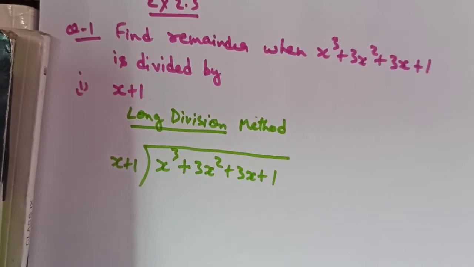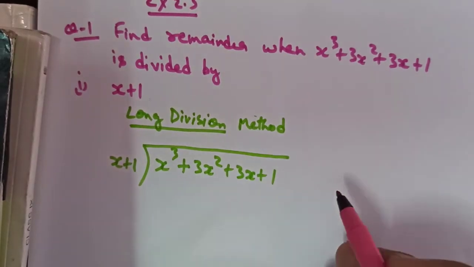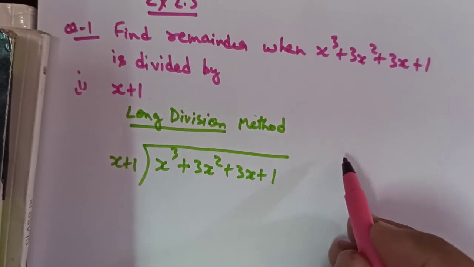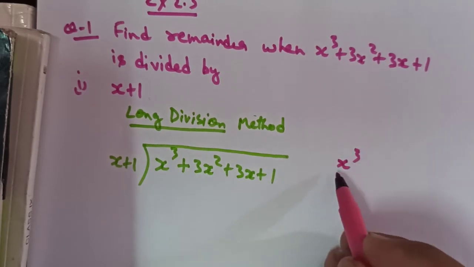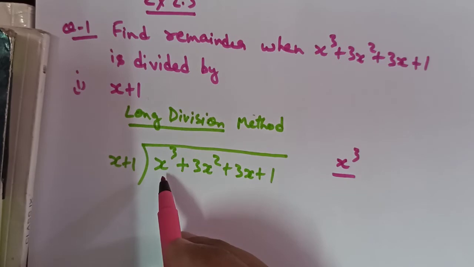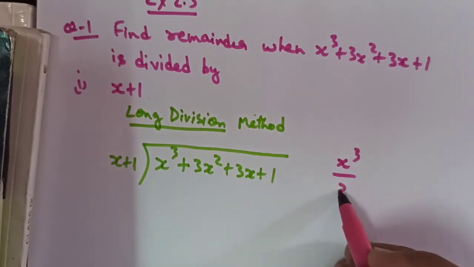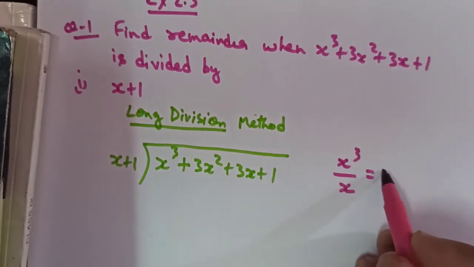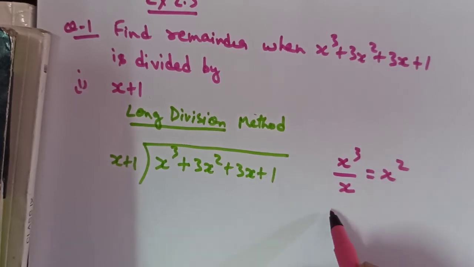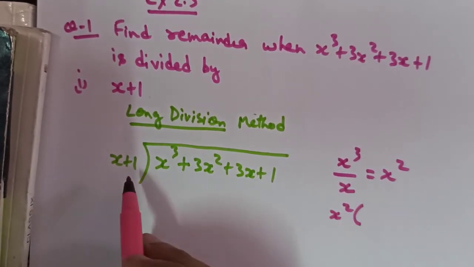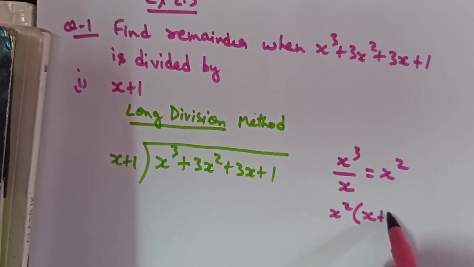Now, same thing which we have done in the previous questions also. X cube, the first term of the dividend, divided by the first term of the divisor, x, comes out to be x square. This x square is multiplied by the divisor, x plus 1.